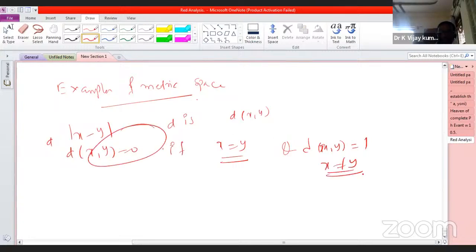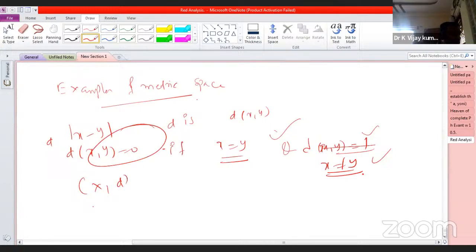Why? Because here d of x comma y is equal to 0 then x is equal to y, and d of x comma y is equal to 1 then x is not equal to y. So X comma d is a metric space. Then every non-empty set X can be taken as a metric space. It's called the discrete metric.